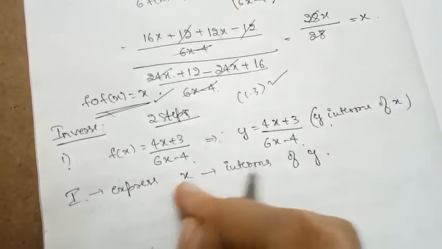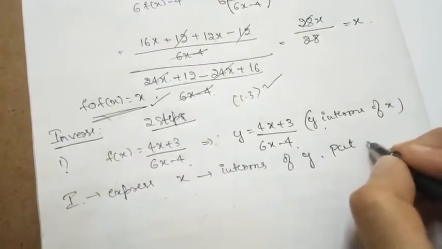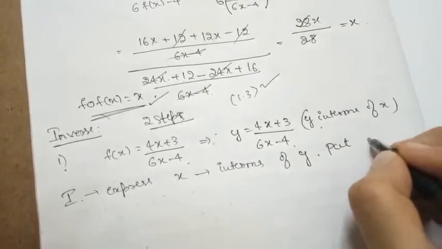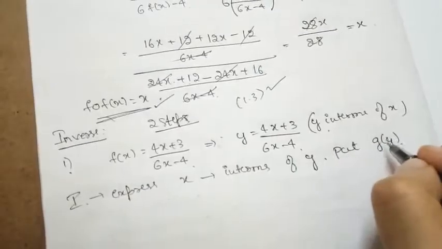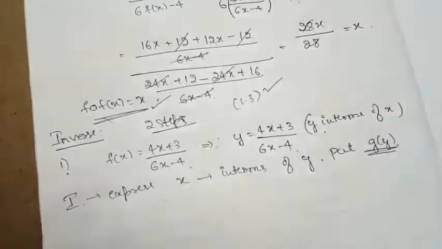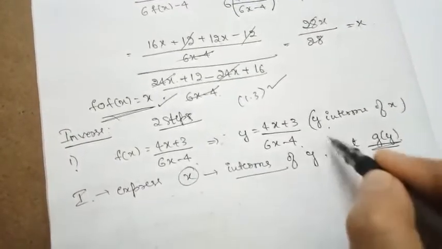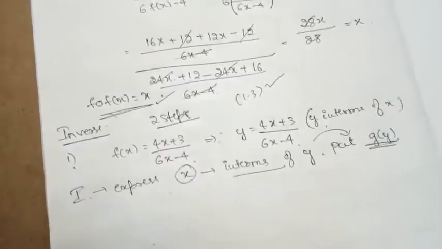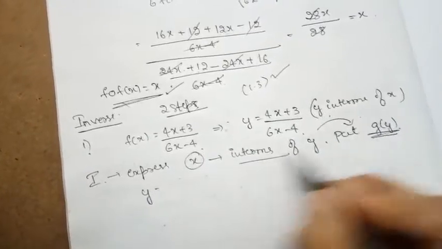After expressing x in terms of y, we will consider that x in terms of y as g of y. We consider that function as g of y. When we express x in terms of y, we call that one g of y. So let us do this first step.